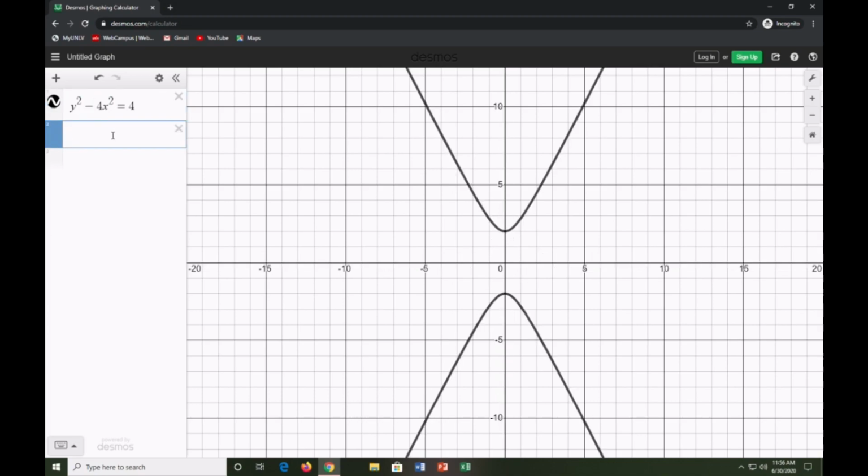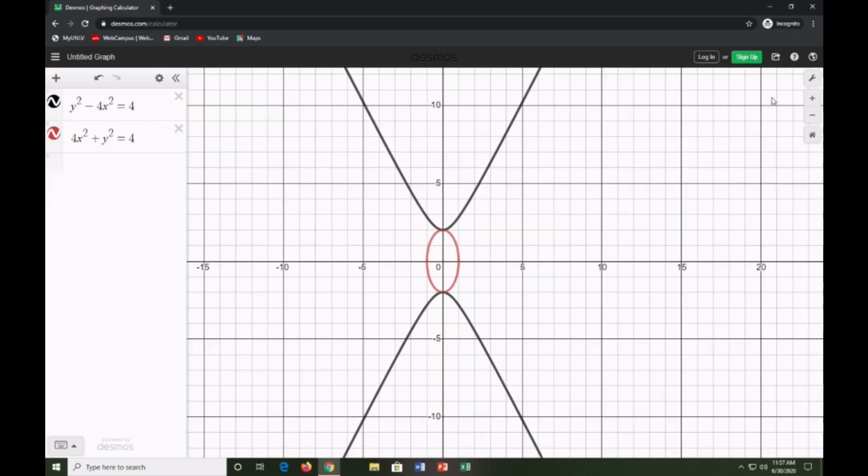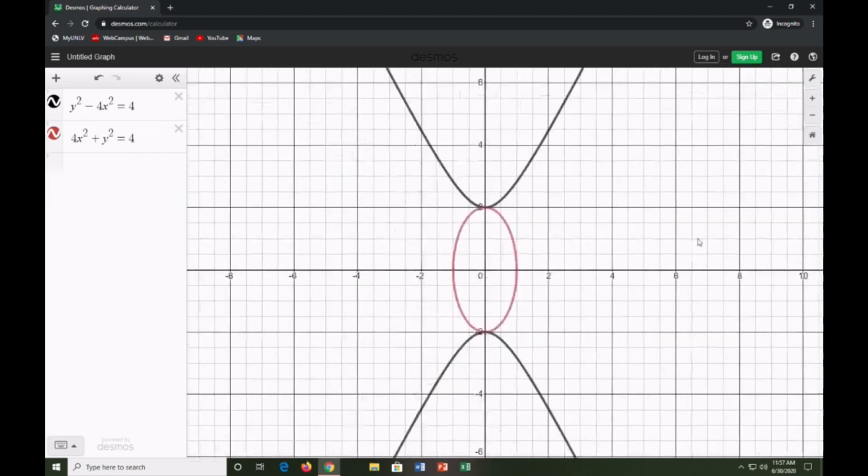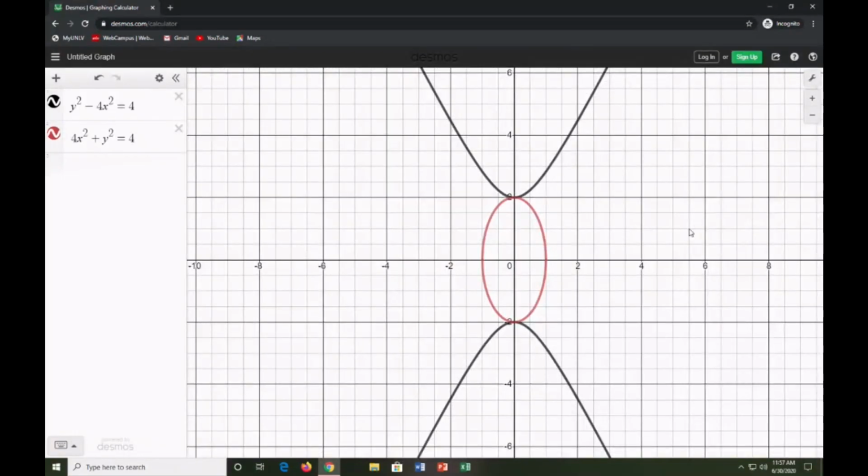And then we had another curve that was 4x squared plus y squared equals 4. Okay, look at that. Maybe I should zoom in. This is better. So what do we have here?